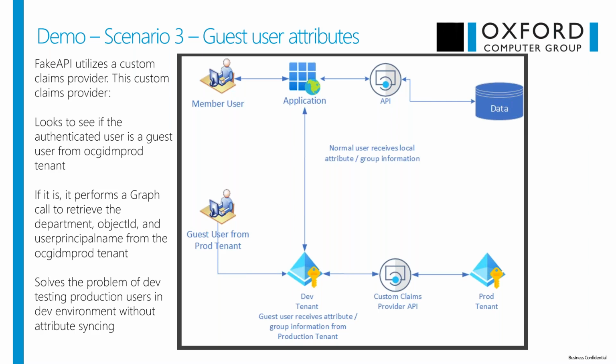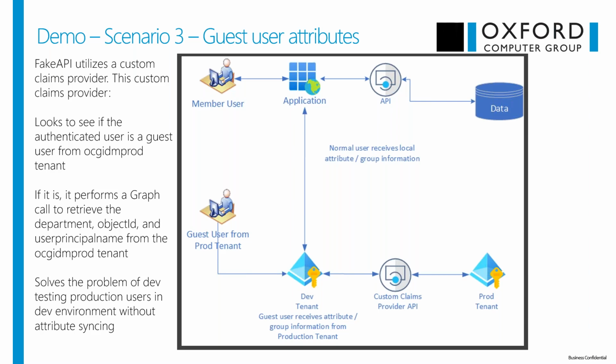They want to test it out with a real production user, let's say. They want the real user to authenticate, and then see what happens, see if the APIs respond correctly, if they get the right permissions. Well, if you've got a production user and a production tenant, and you have a dev tenant and a dev environment, you either have to create that user in that dev environment, or you create them as a guest user in your development environment, the prod user.